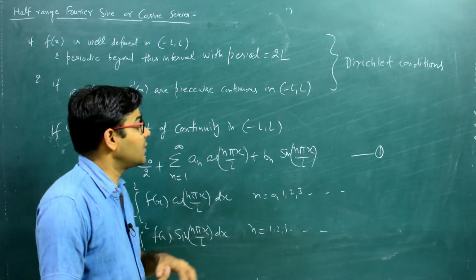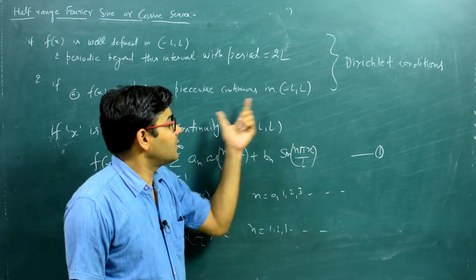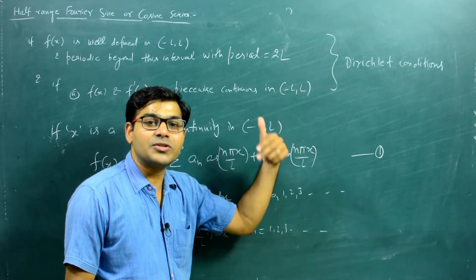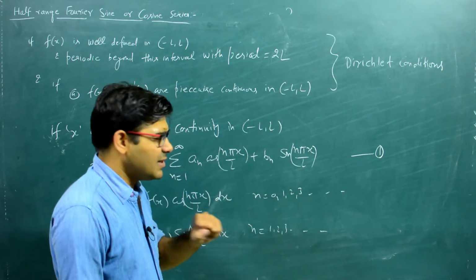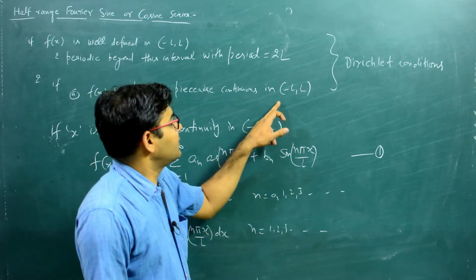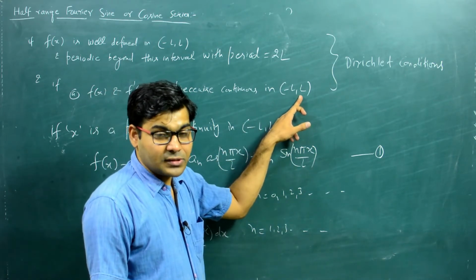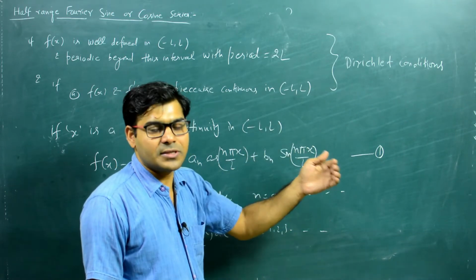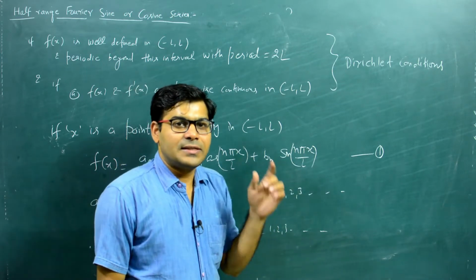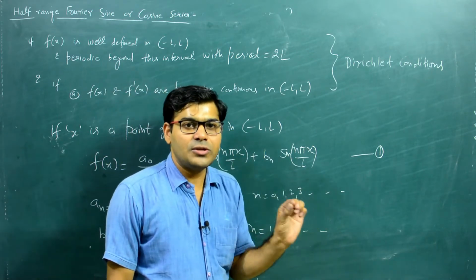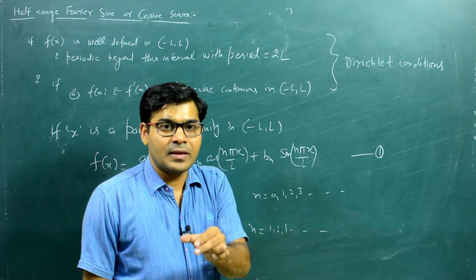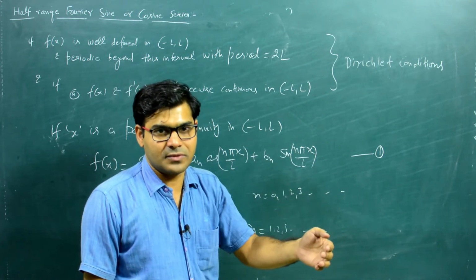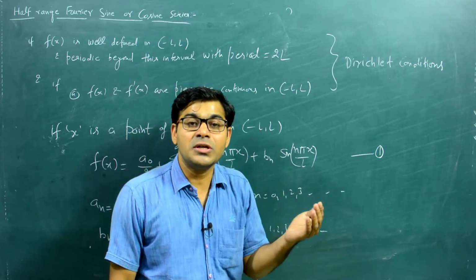What is piecewise continuous? Let me explain that. Piecewise continuous means if there is any discontinuity in this interval, it should be of finite type, and those discontinuities should be finite in number. Let me explain in a simpler way. If this is the given interval -L to L, suppose we can divide this given interval into several subintervals in such a fashion that these two functions f(x) and f'(x) are continuous within these subintervals, and if there is any discontinuity in f(x) and f'(x), it lies at the boundaries of these subintervals, and that discontinuity should be of finite type.